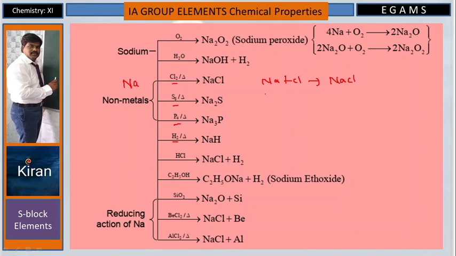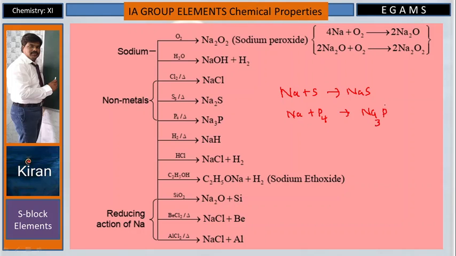The same way, when sodium reacts with sulfur, you will get sodium sulfide. When sodium reacts with phosphorus, phosphorus molecular formula is P4, existing in the P4 structure, you will get sodium phosphide.